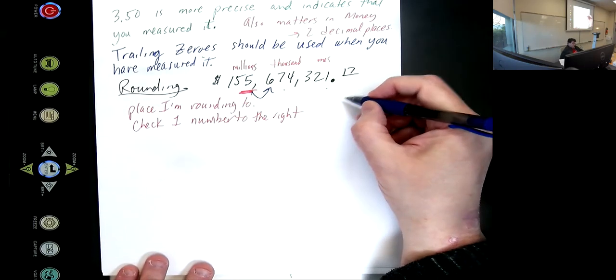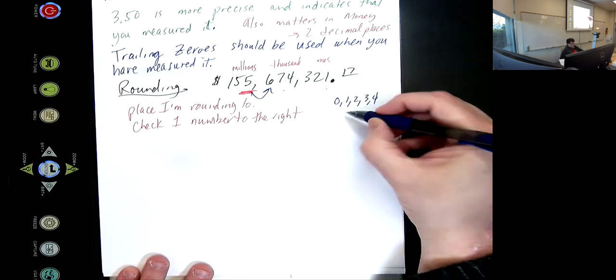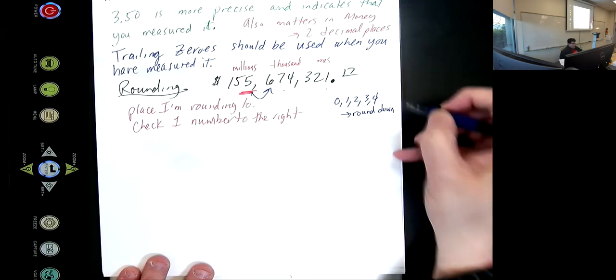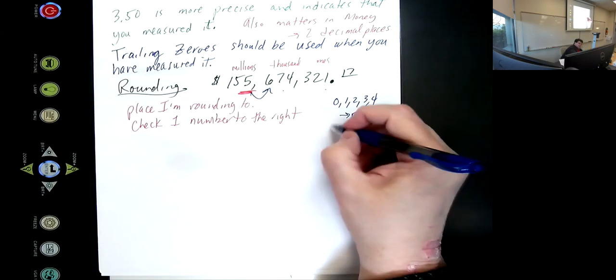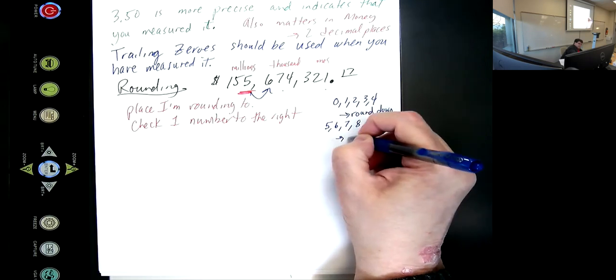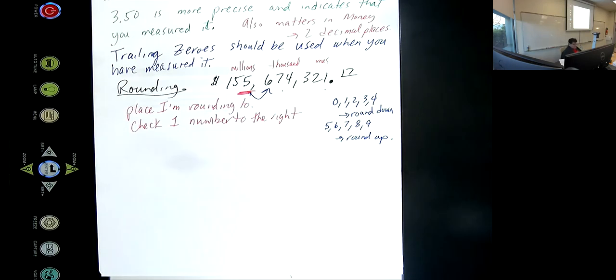If this is 0, 1, 2, 3, or 4, round down. And I'll specify what round down and round up mean in a second. If it's 5, 6, 7, 8, or 9, round up.